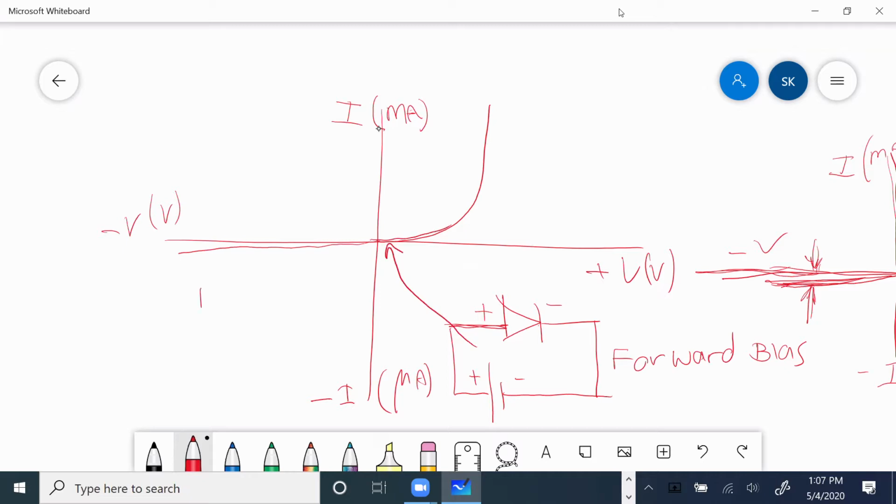And if we bias diode this way, that is for this part. Okay.